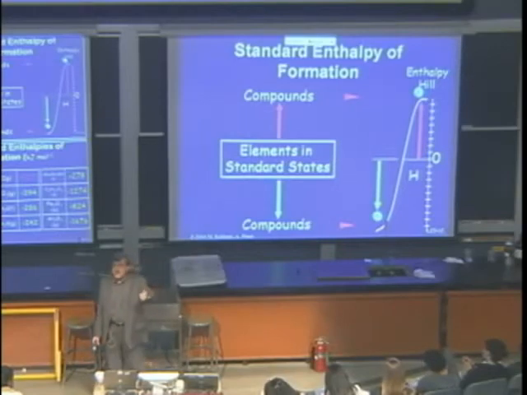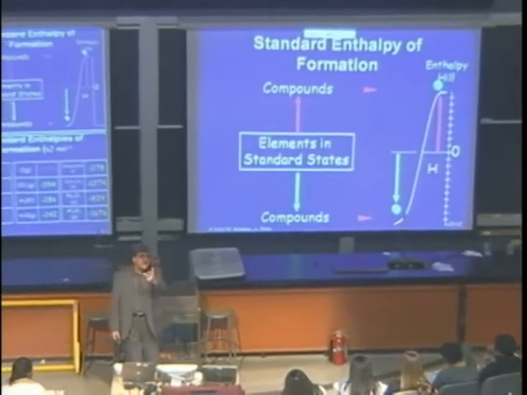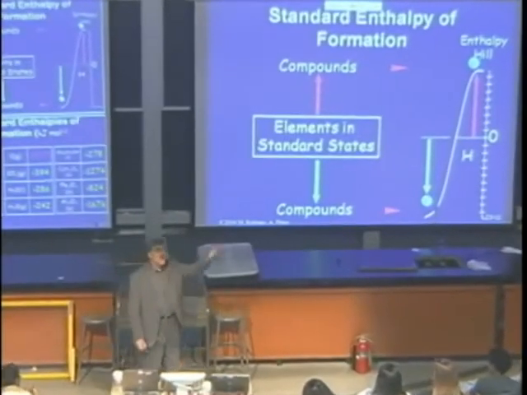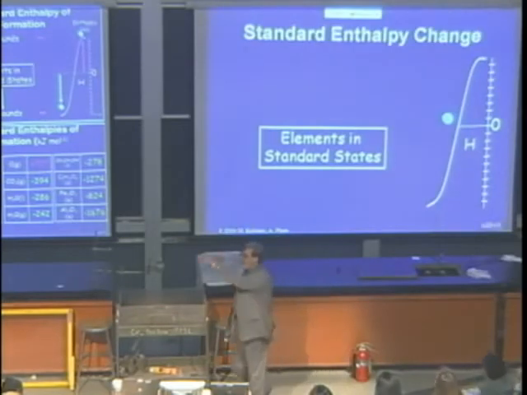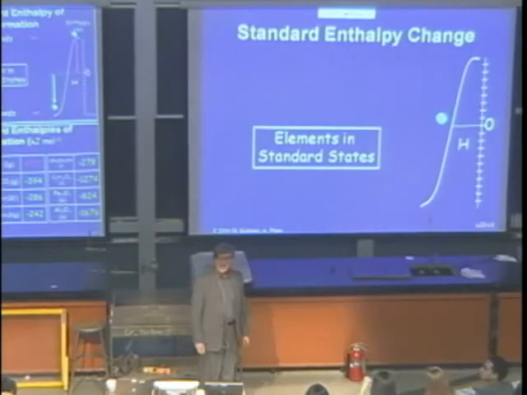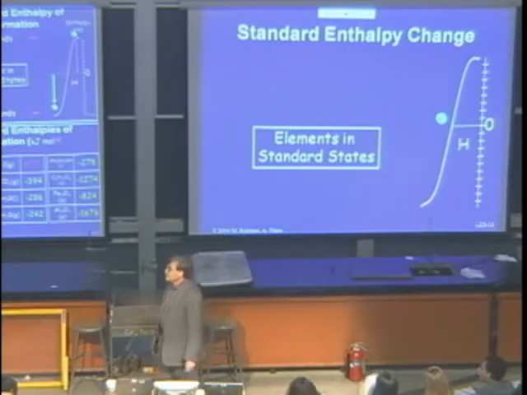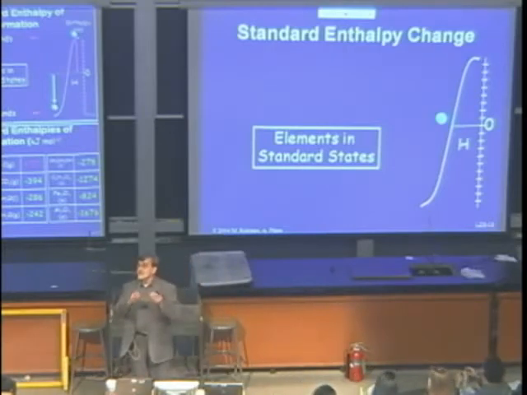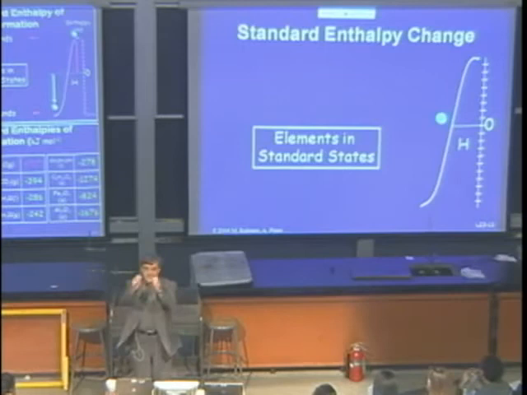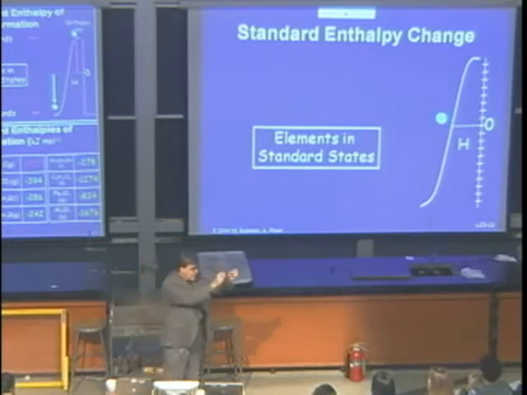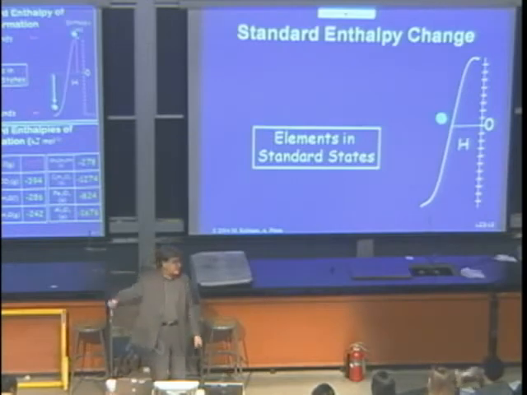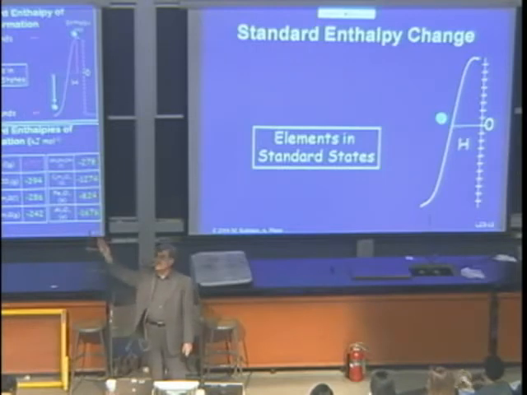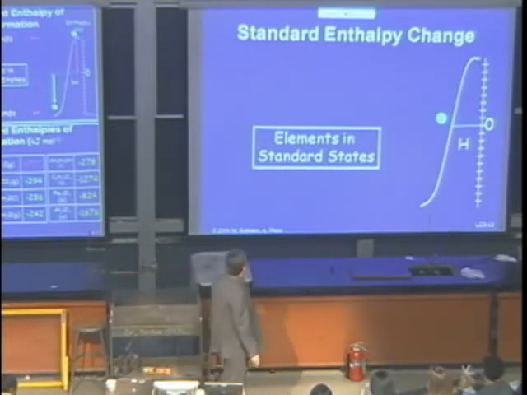A is some compound, B is some compound, makes C, and makes D. If I knew the enthalpies of formation for A, B, C, and D, then I would be able to calculate the difference between them. I take the sum of the products minus the sum of the reactants, and what I get out is either negative or positive. With this I can say there's energy released, it's exothermic, or there's energy necessary for that reaction, it's endothermic.